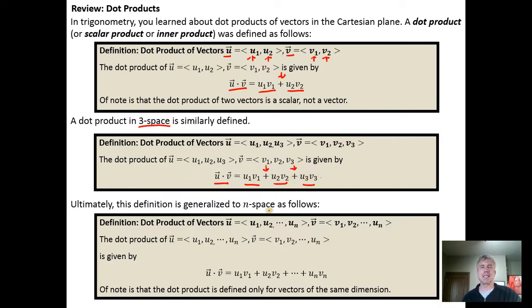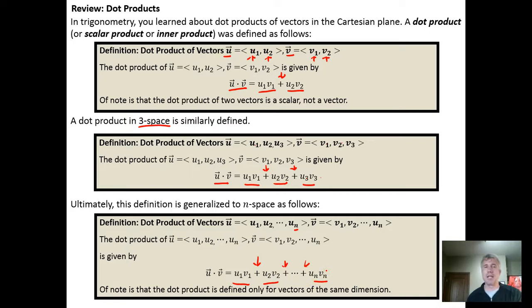And we can extend this into n-dimensional space where we have vectors with n components. We still define it to be the sum of the products of corresponding vector elements.